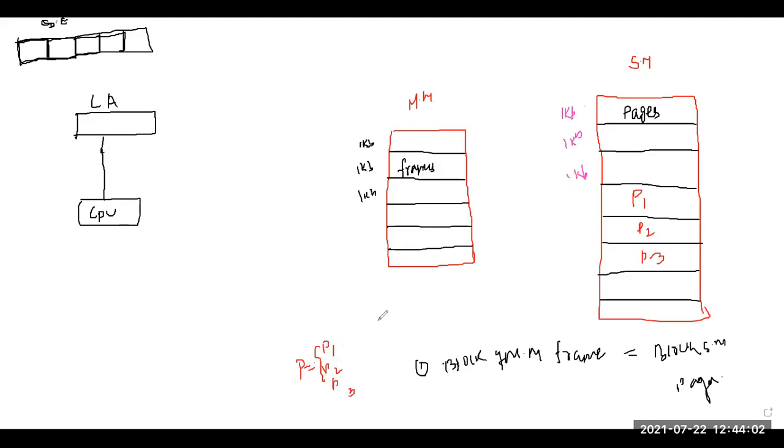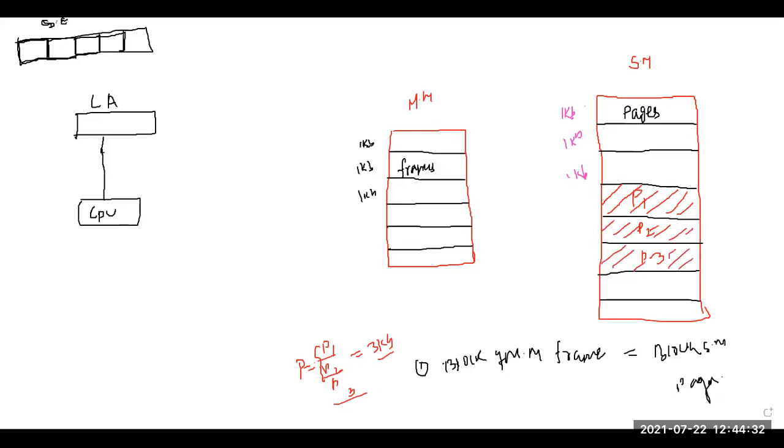Each of these requires 1 KB, so we have assigned 3 blocks. Suppose this process is 3 KB. I divided it into 3 parts, P1, P2, and P3, and assigned them to 3 blocks because each block is 1 KB.